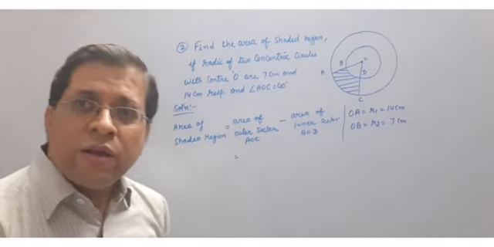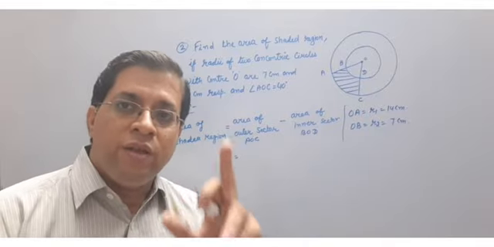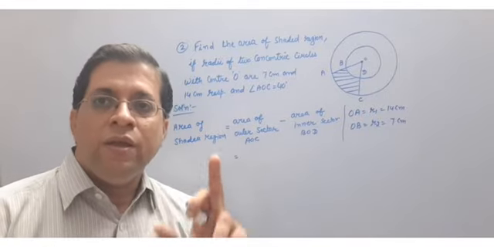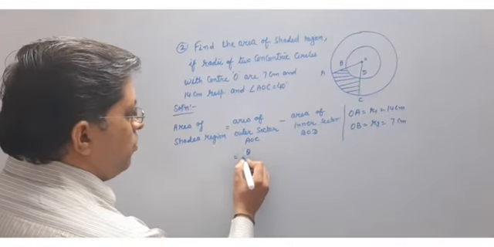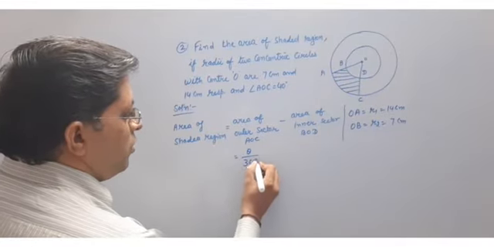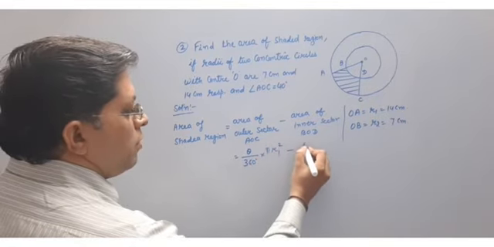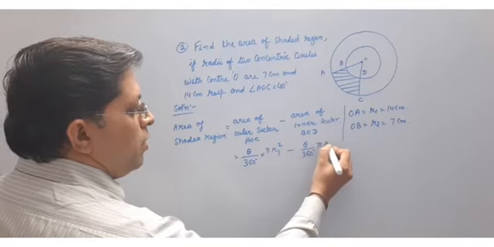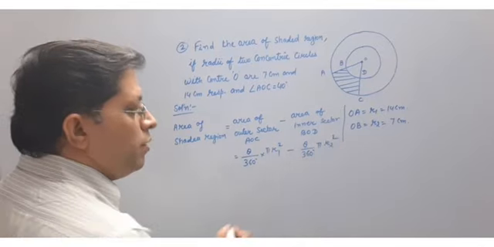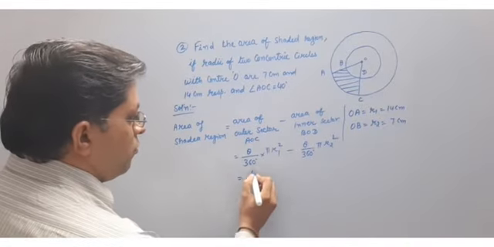What is the area of a sector? Area of sector is theta upon 360 degree into pi r square. So theta upon 360 degree into pi r1 square, and here theta upon 360 degree pi r2 square. Okay, then whatever is common you take it out.